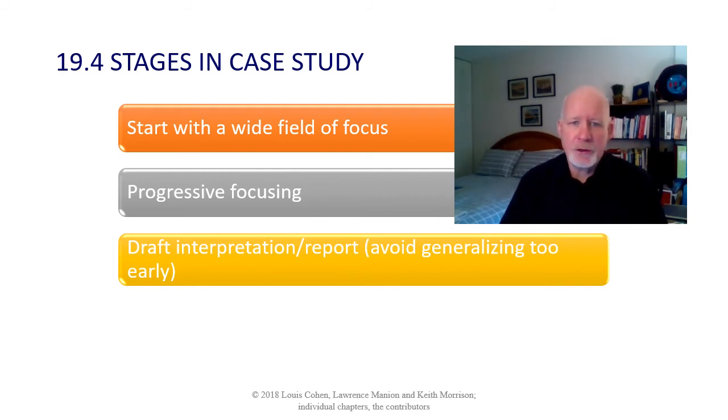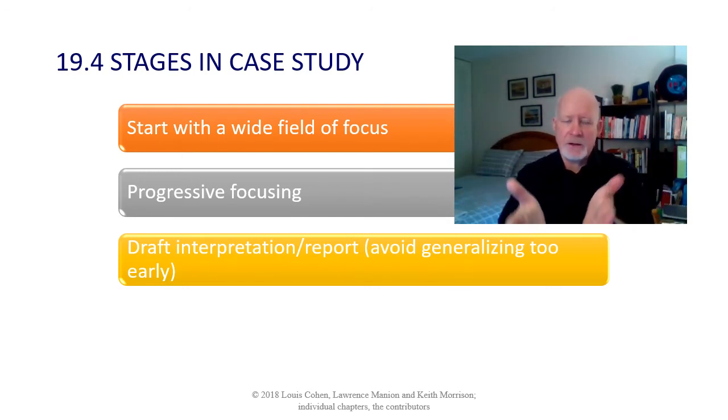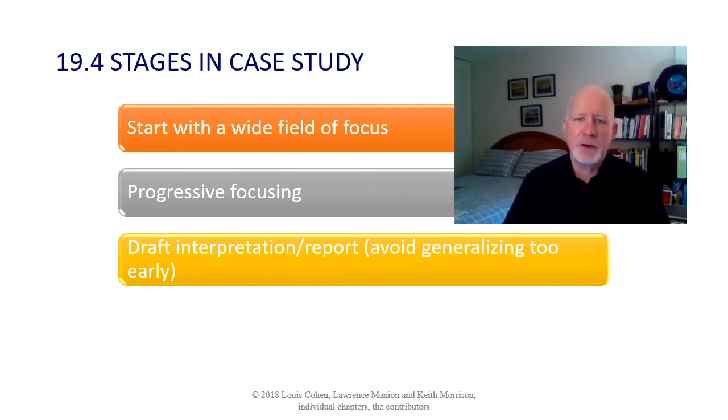Once you are able to focus, the third stage is to write a draft interpretation report. The key in these stages is to not rush to conclusions, but to start broadly and then narrow down to a focus, identifying the key elements that are supported by the data.